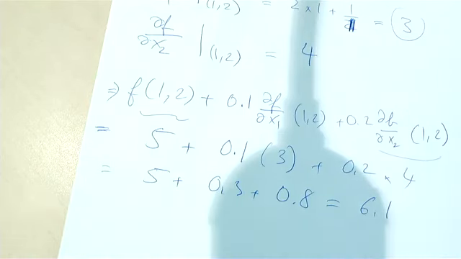So now, how do we use this to derive Newton's method for n variables? Suppose I have a system of n nonlinear equations, f1 to fn, with n unknowns, equal to 0.